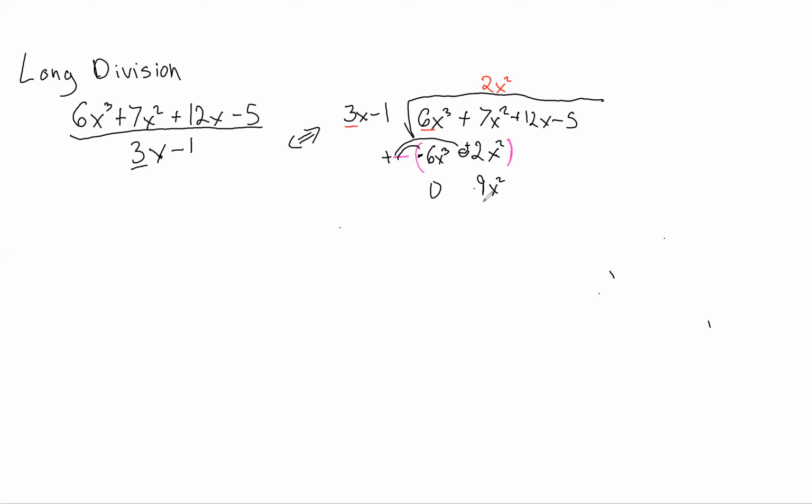I asked myself, okay, I've got 9x squared. What do I multiply 3x by, or the leading term, to get to 9x squared? Well, I'm missing just one x here, so I'm going to put it above the x where there's just one x. And 3 times 3 is 9, and a positive, so I'm going to say plus 3x up here.